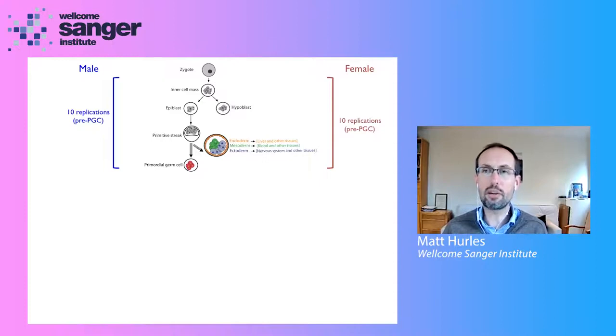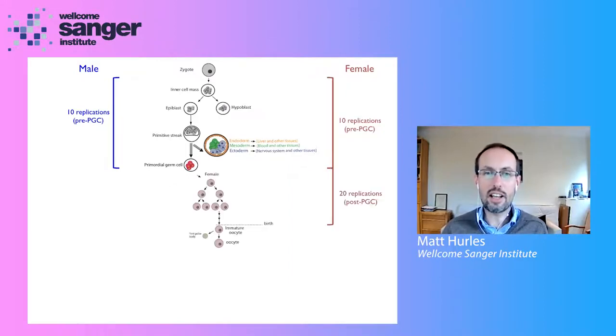So when we're thinking about mutations that occur from one generation to the next, we really need to be thinking about the journey that DNA takes through different cell types as it goes from one generation to the next. And so in the first 10 replications, whether you're a man or a woman, your DNA has been copied about 10 times and it's ended up in a primordial germ cell.